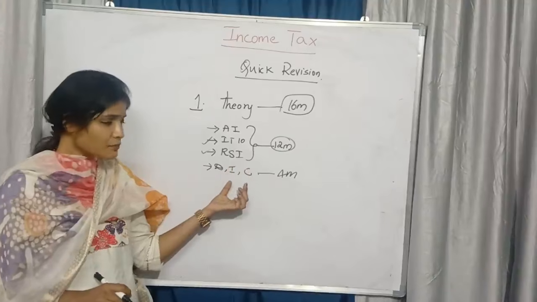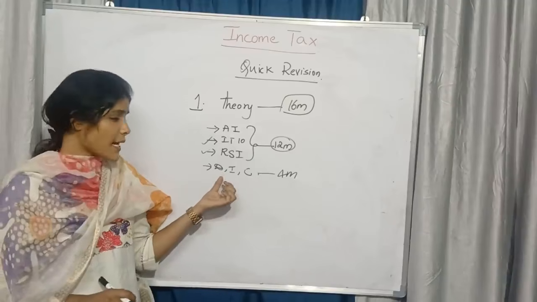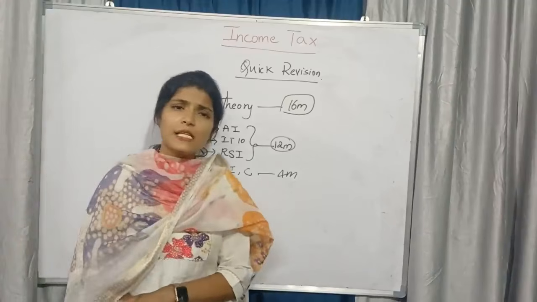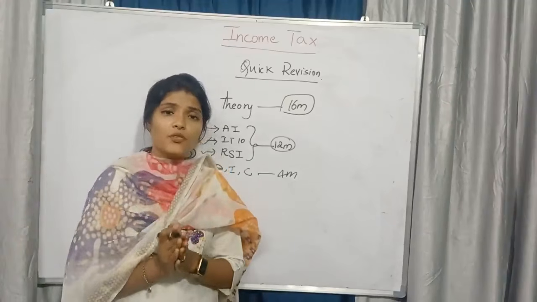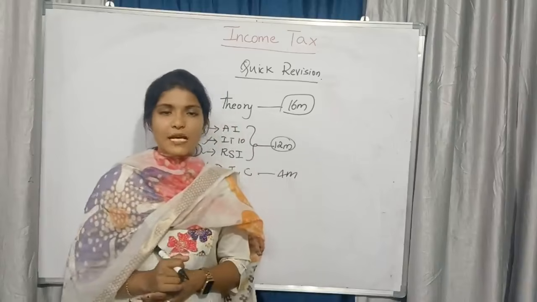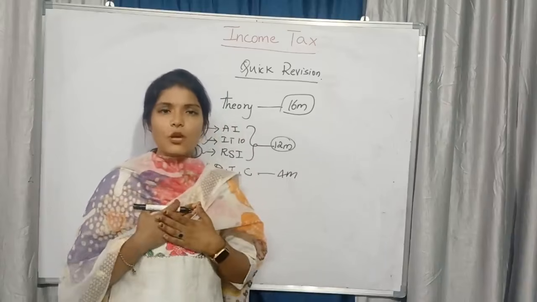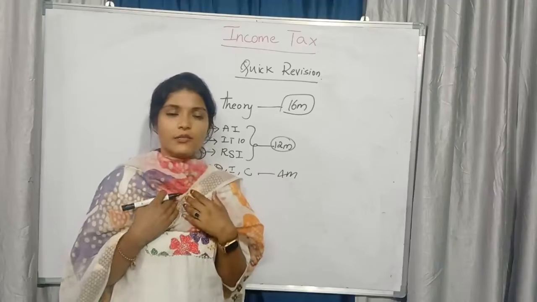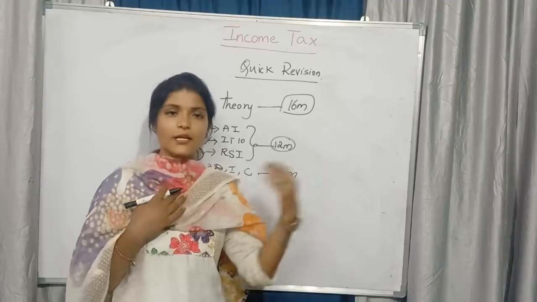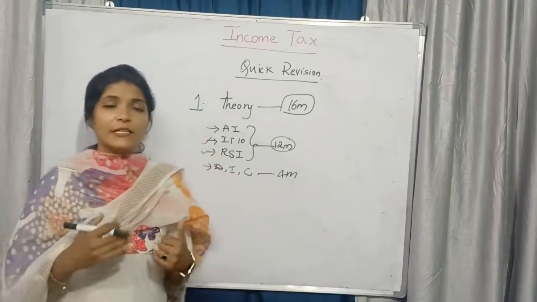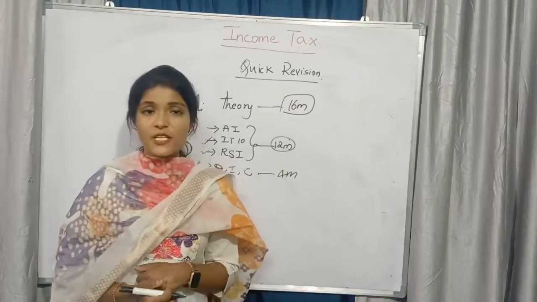Coming to the 4 marks: direct tax and indirect tax. Direct tax is the tax which is imposed directly on the person. For example, income tax. Income tax is directly imposed on me. I cannot shift the tax from one person to another. Indirect tax is where indirectly we are paying tax to the government, like GST for goods.